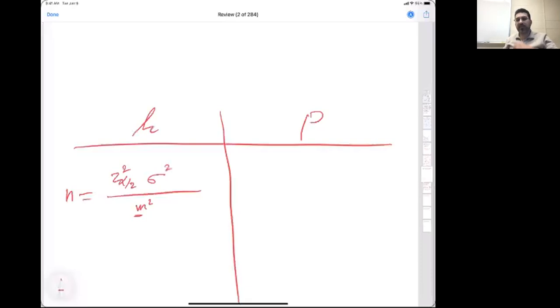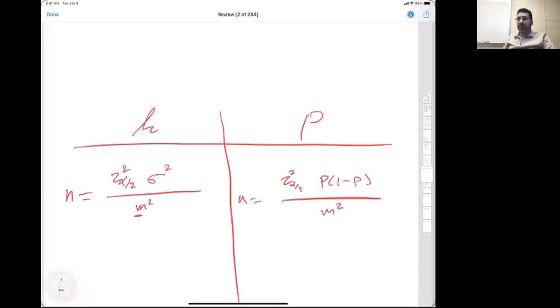And for P, it is like this: z alpha over 2 squared times P times 1 minus P, divided by M squared.